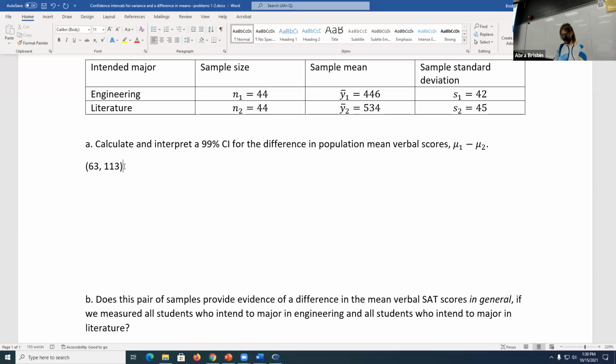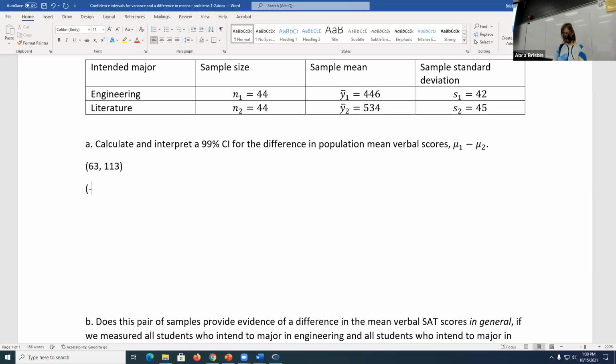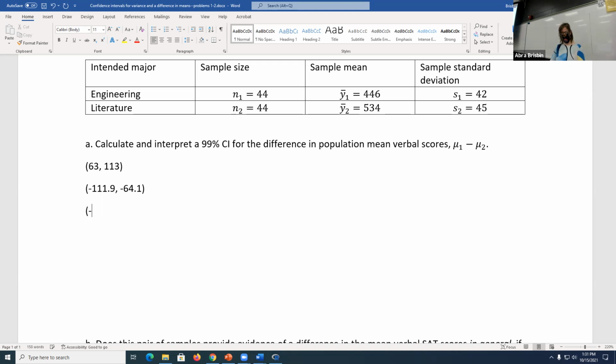I did it on my calculator, and I got negative 111.9 to negative 64.1. All right, any other nominations? I just typed it wrong, so I figured 0.12, 0.4, negative 2.55.